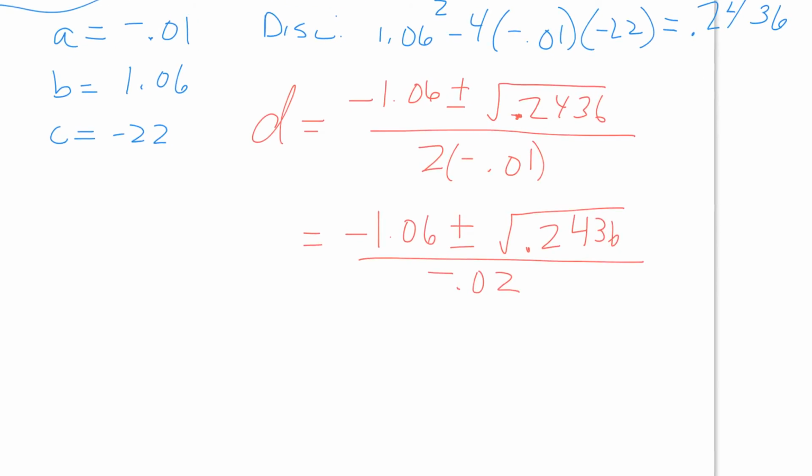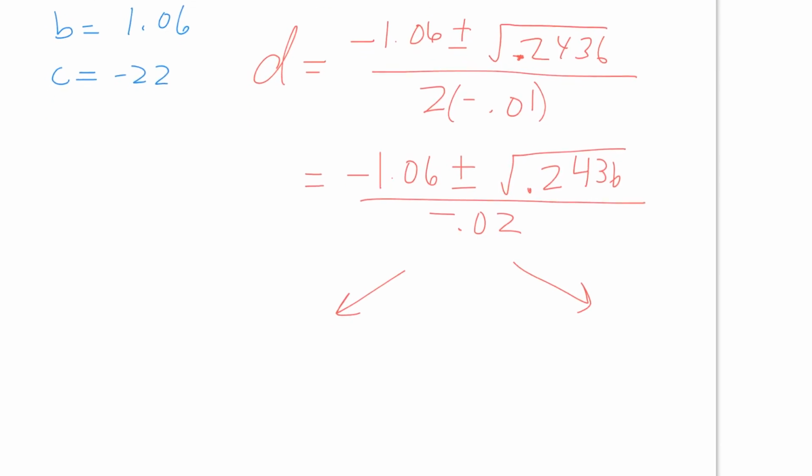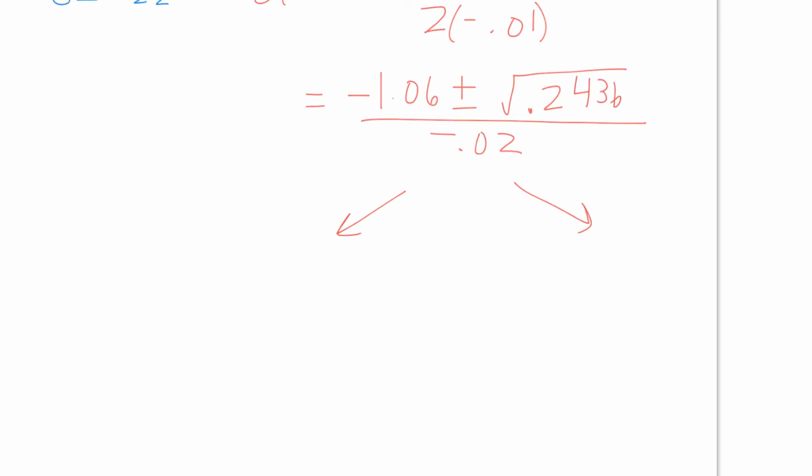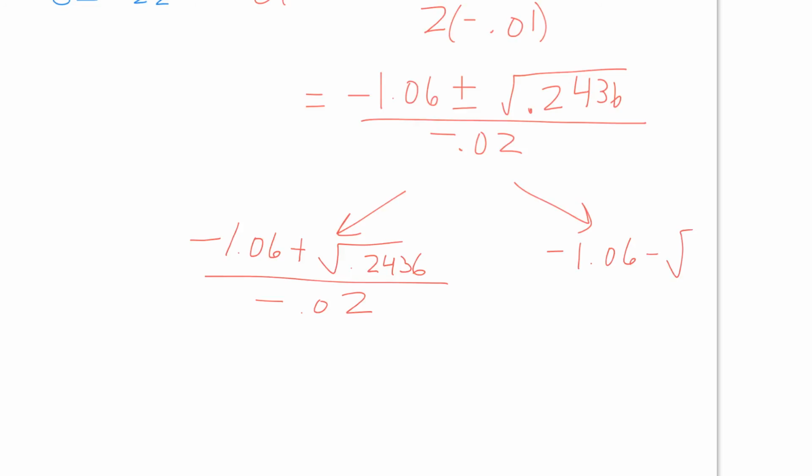From here, I'm going to have 2 different possibilities, one where I'm adding and one where I'm subtracting. So I have negative 1.06 plus the square root of 0.2436 all over negative 0.02, and I have one where I'm subtracting: negative 1.06 minus the square root of 0.2436 all over negative 0.02.